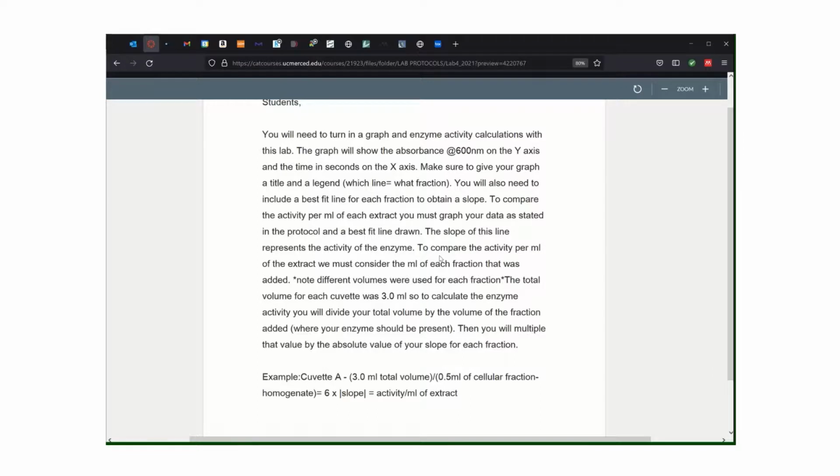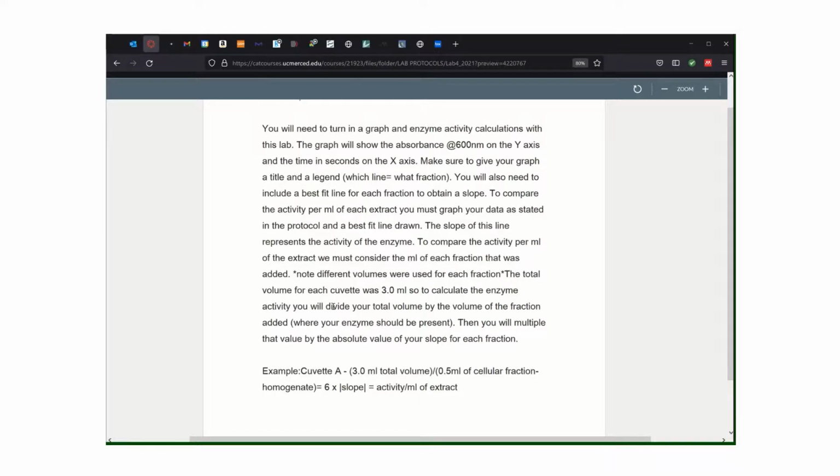To compare the activity per mil of the extract, we must consider the mil of each fraction that was added. Note, different volumes were used for each fraction. The total volume for each cuvette was 3 mils.